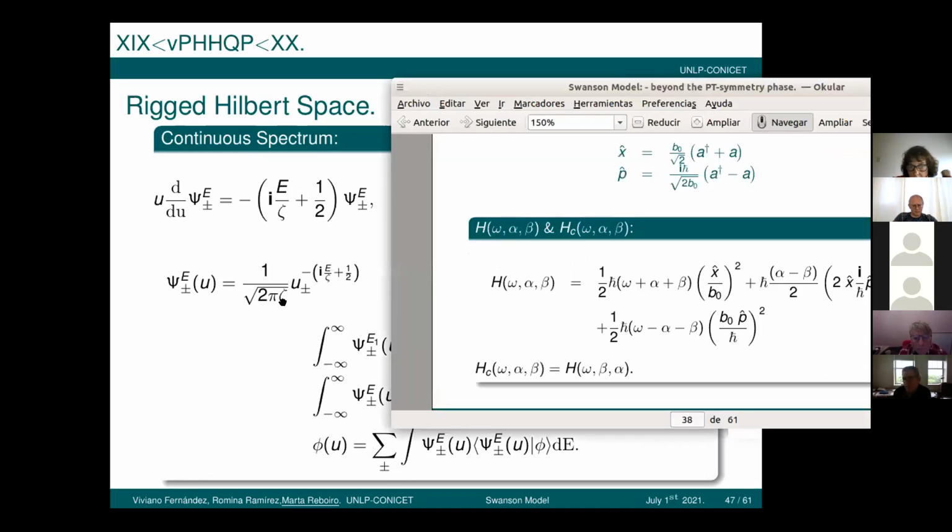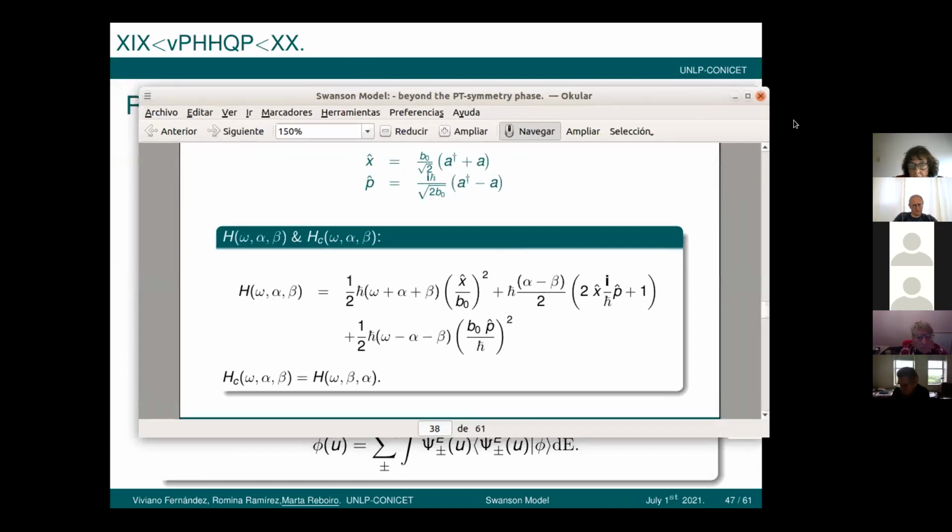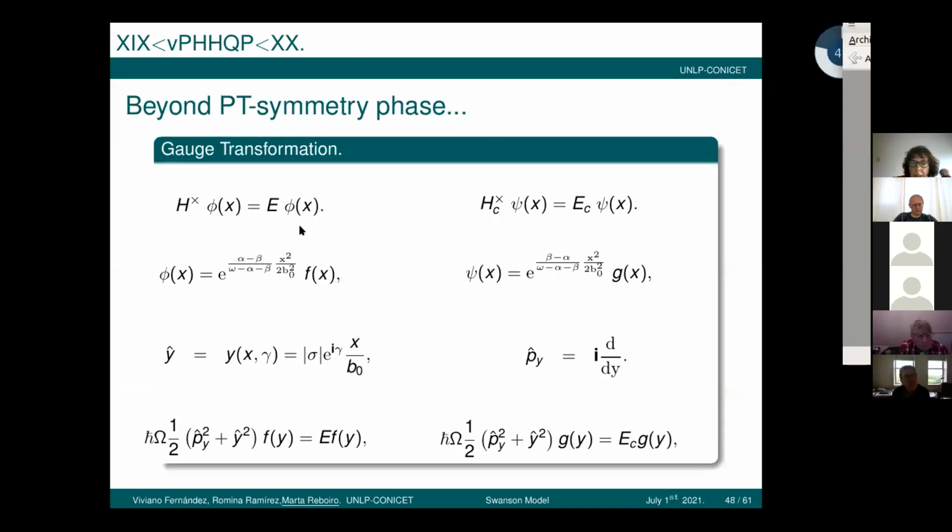The Hamiltonian of the Swanson model is this, and we can introduce a gauge transformation and map the Hamiltonian H. Now we are thinking of H and its adjoint as acting on the space phi times phi cross.